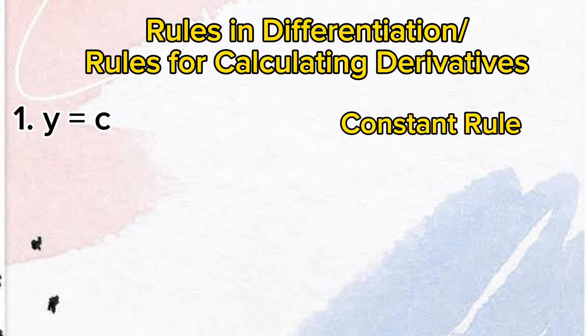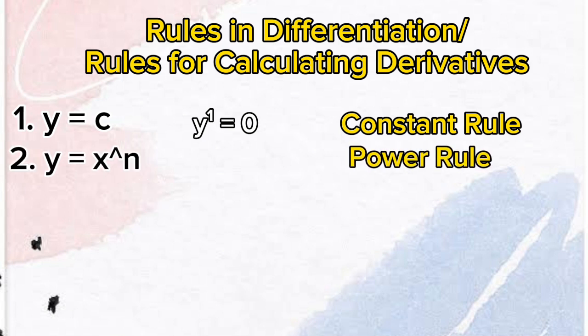We have y is equal to c. The derivative of a constant c is 0. If y is equal to a constant, then the slope of the graph is 0. So for every constant value, the derivative is 0. For example, y is equal to 5. Therefore, its derivative, or y prime, is equal to 0.